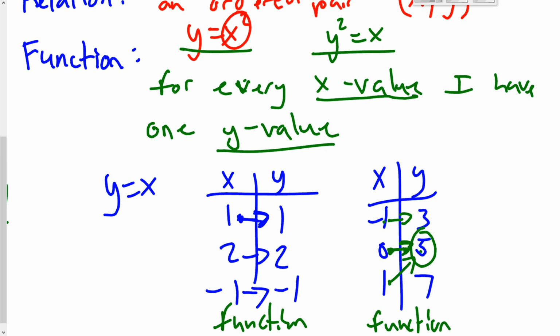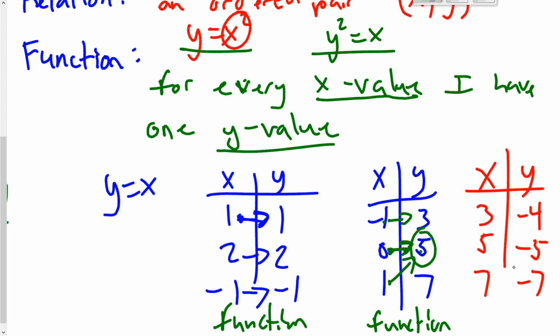Now this one, I'm going to make not a function. Again, I'm just kind of making these up. So here, 3 to negative 4, 5 to negative 7, 5 also goes to negative 7, and then 7 goes to negative 7.